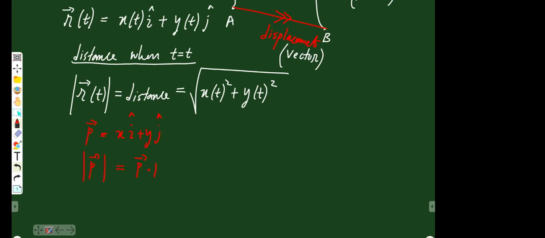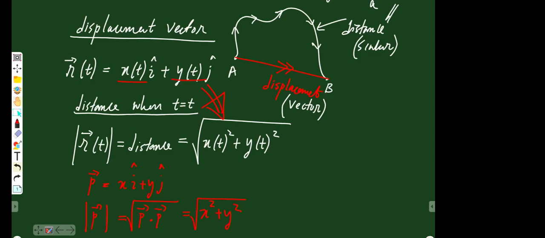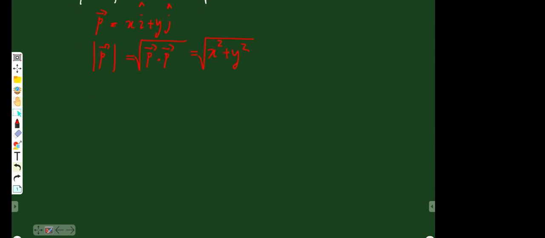P vector dot with p vector, square root. This is vector lesson, right? So that would be x squared plus y squared, square root. That's how you got it, right? Even in complex numbers, you have these things, right? So in the distance, you did the same thing here. So that's how you convert a vector into a scalar, right?